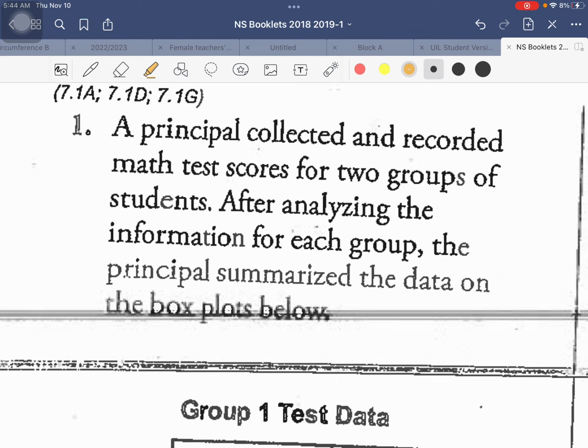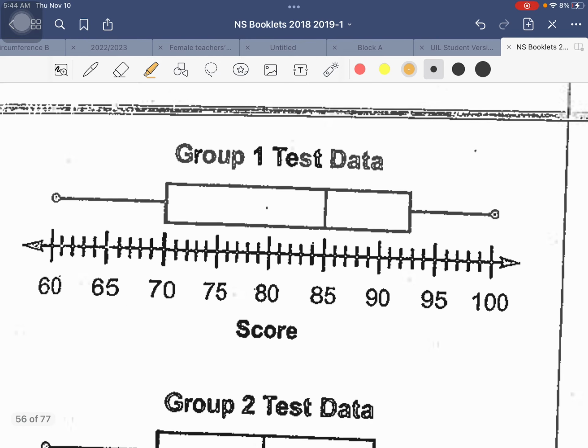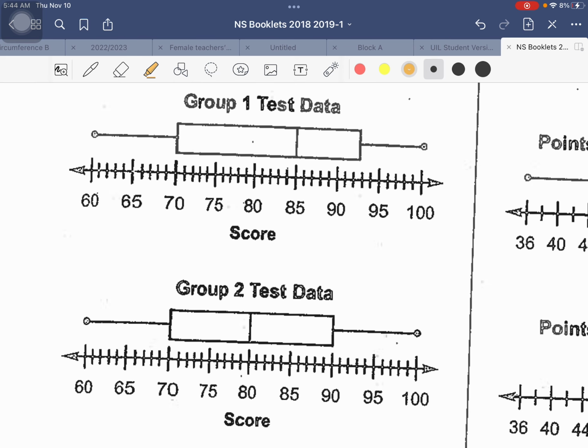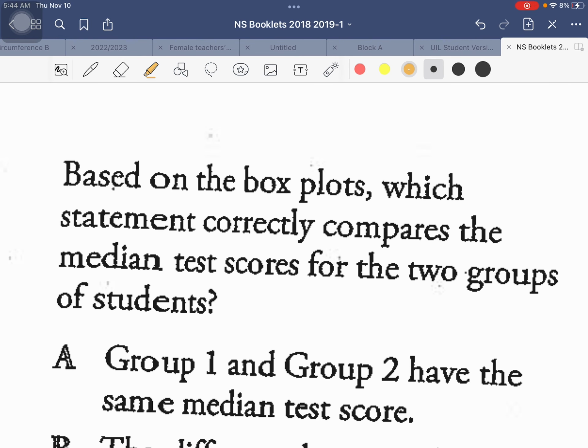After analyzing the information for each group, the principal summarized the data on the box plots below. So here I have 2 groups. And with this, we have their scores. Based on the box plots, so we have to look at the box plots. What statement correctly compares the median, okay, they want something specific, median test scores for the 2 groups of students.